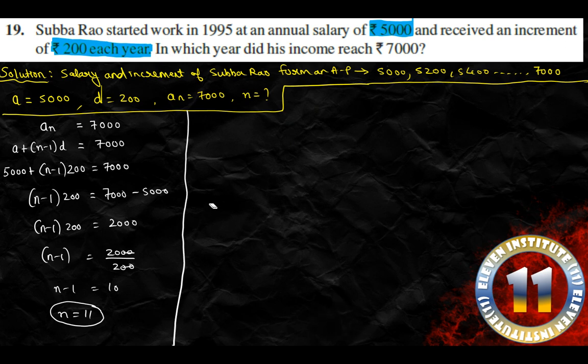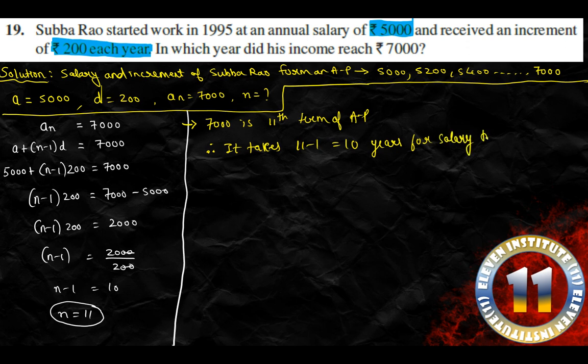Yes, so let us now move ahead and write the conclusion over here. So we can write 7000 is the 11th term of the AP. Therefore, it takes 11 minus 1, which is 10 years, for the salary to become 7000.